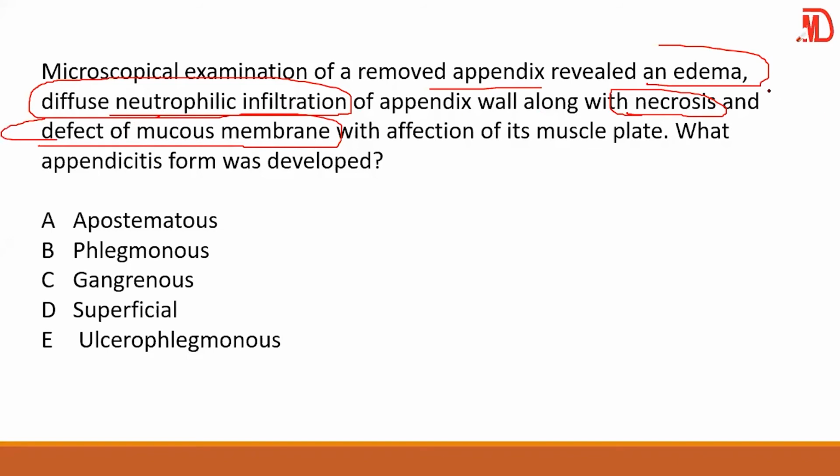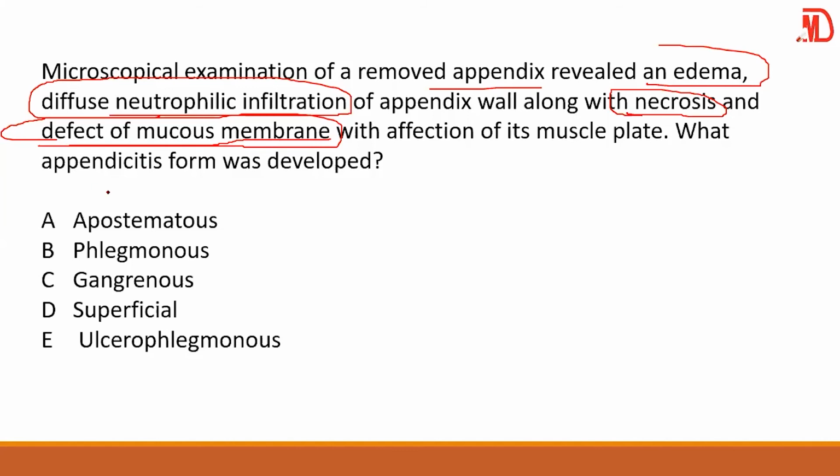Look, we have edema, we have diffuse neutrophilic infiltration, which means signs of inflammation are taking place, of course of purulent origin or pus origin. Then we have necrosis. That means ulcer is developing. They've told you that there's a defect of the mucous membrane. That again confirms that there is ulceration.